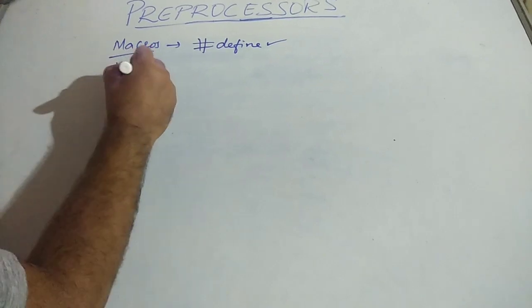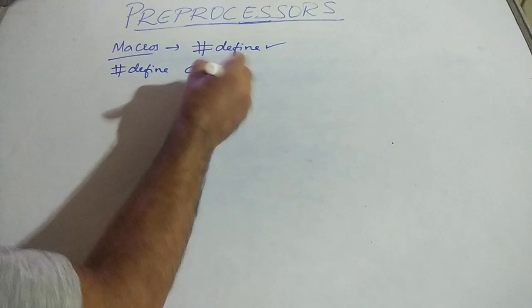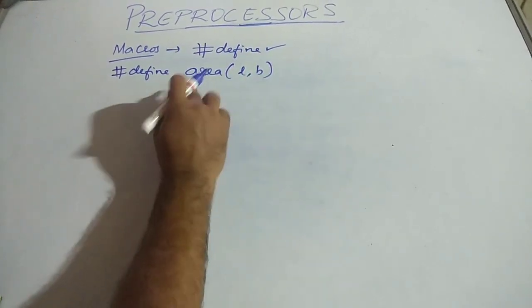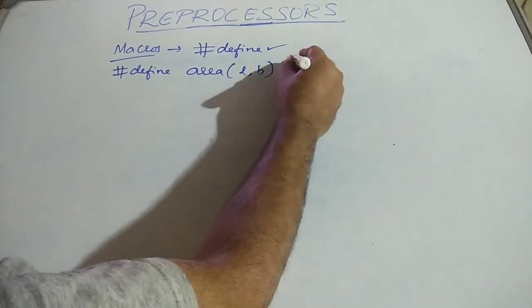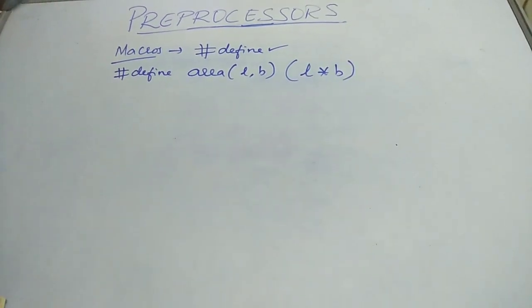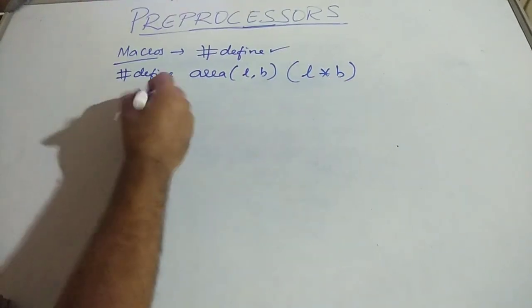I'll say hash define, I'll say area L comma B. Whenever I encounter a function name called area L comma B, 2 parameters, it should be replaced by L into B. Is it clear? So this is the identifier and this is the substitution text.